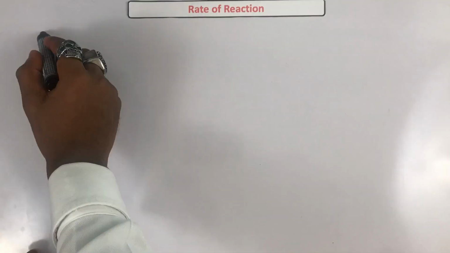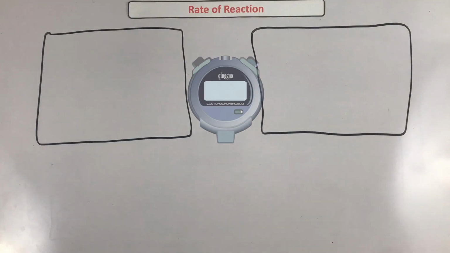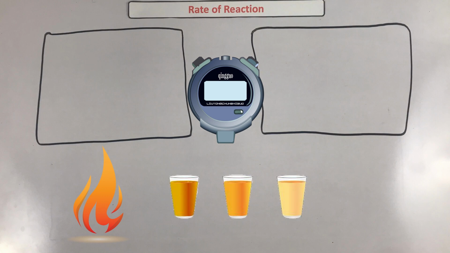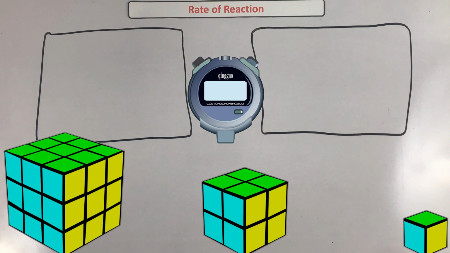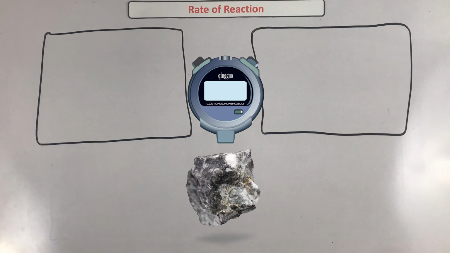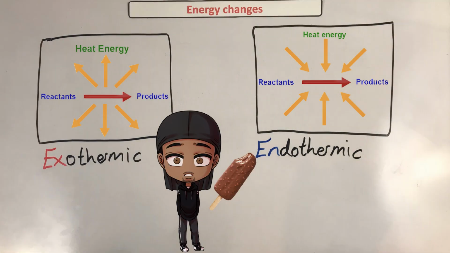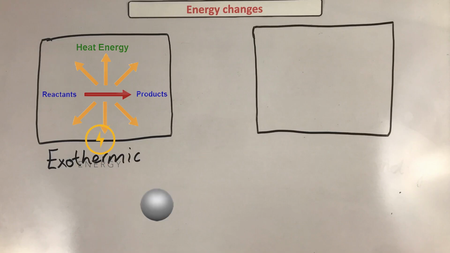There are several things that can make our reaction go quicker. We can increase the temperature, increase the concentration, which is the same as increasing the pressure, increase the surface area, and add a catalyst as well. Remember from the last video on temperature change that temperature is a measure of the average kinetic energy of our particles.